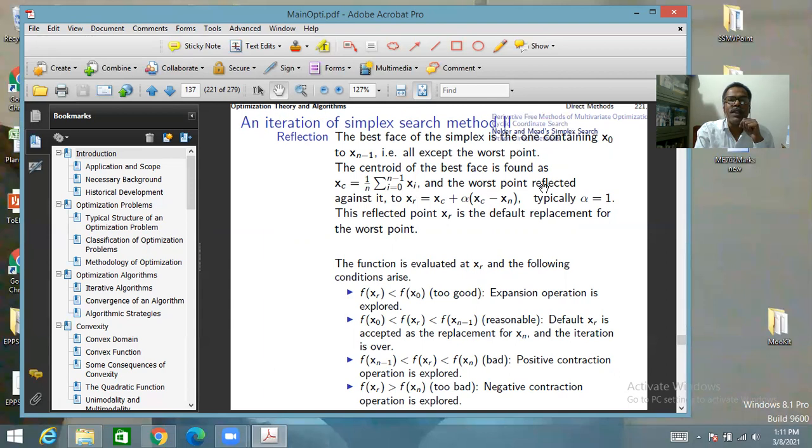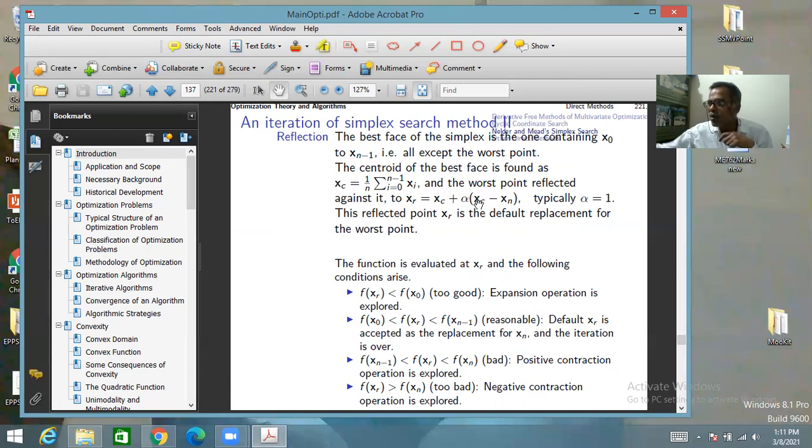And then the worst point is reflected through this centroid. So centroid plus that much distance on the other side of the worst point. xc minus xn is the vector that you have come from xn to reach xc.